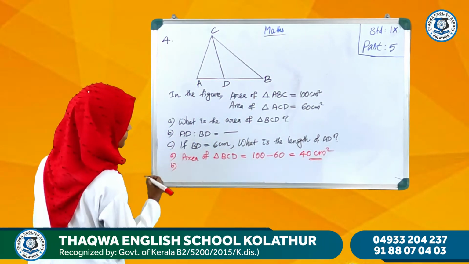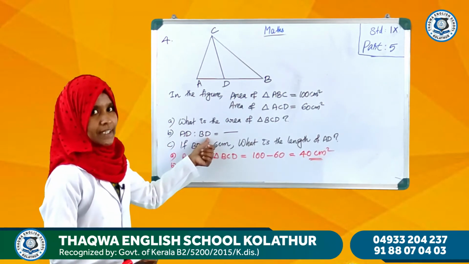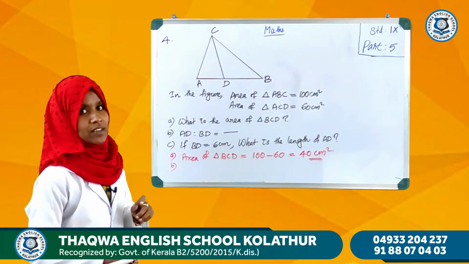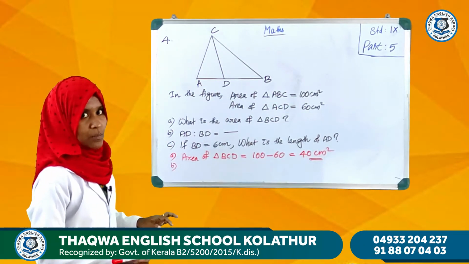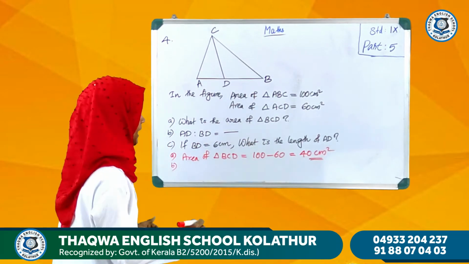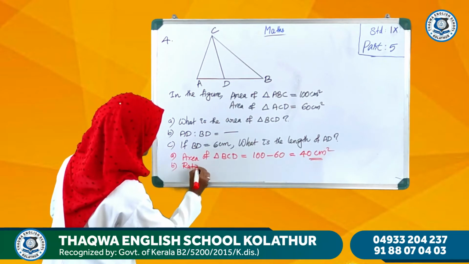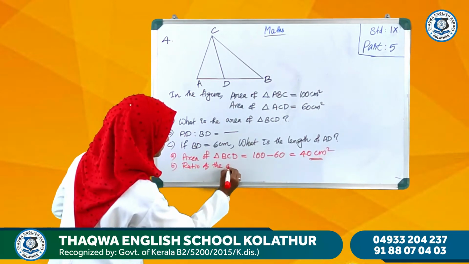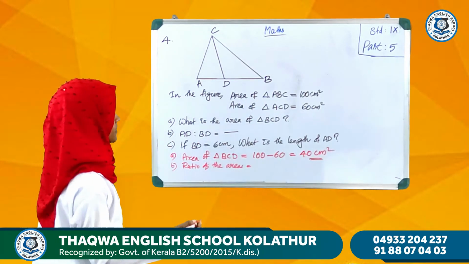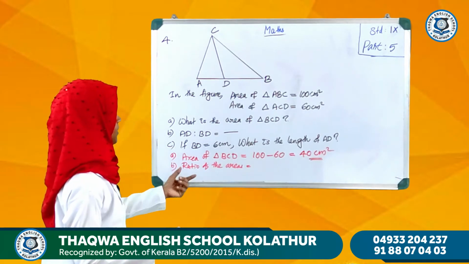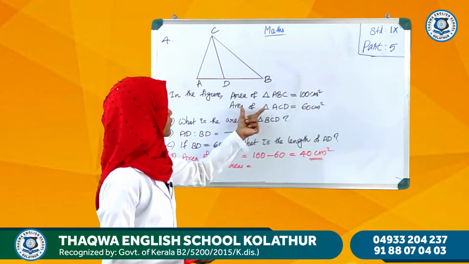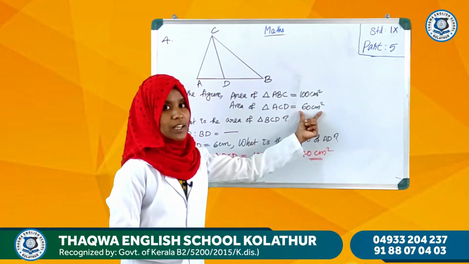Then B part. AD is to BD. What is the ratio of the lengths AD and BD? Before that, first we have to find out the ratio of the areas. What is the ratio of areas? Area of triangle BCD 40 square centimeters and area of triangle ACD is 60 square centimeters.